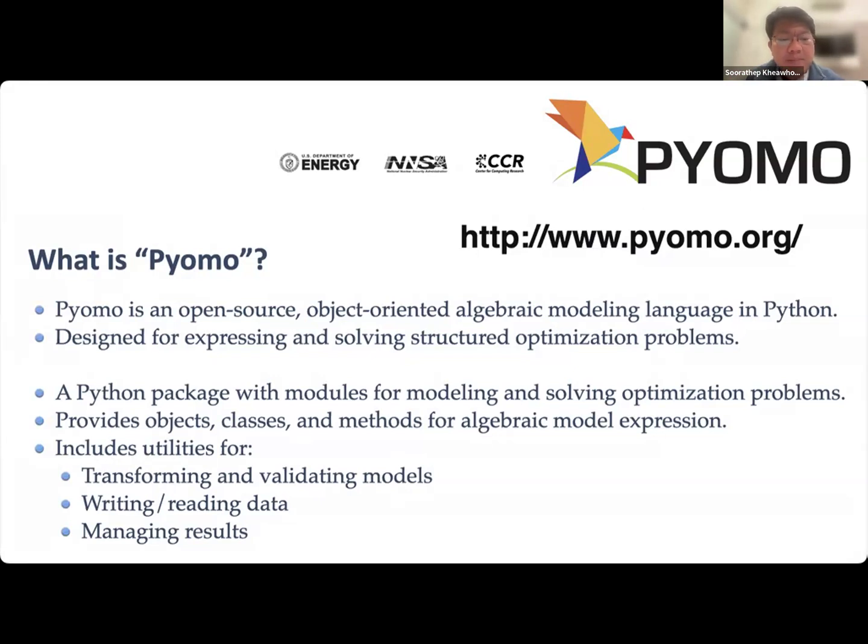So what is Pyomo? Pyomo is open source, of course. It's an object-oriented algebraic modeling language in Python. To formulate the optimization, you define the objective function, the constraints and the decision variables.